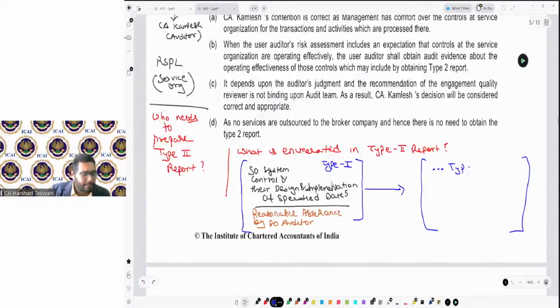Let's say for example, I'll say type 1 report plus the only change with respect to type 1 and type 2 is that in type 1, I was talking about at a specified date, but in type 2, I change that specified date to throughout the period.